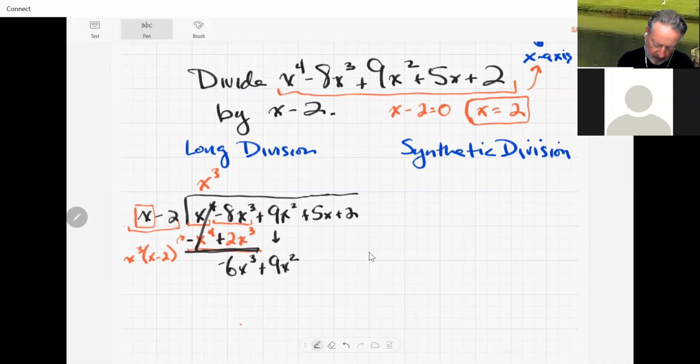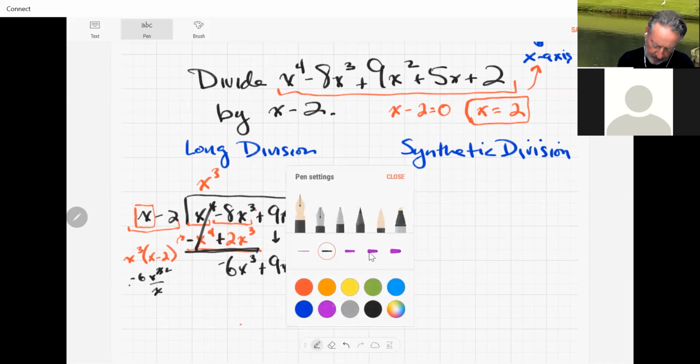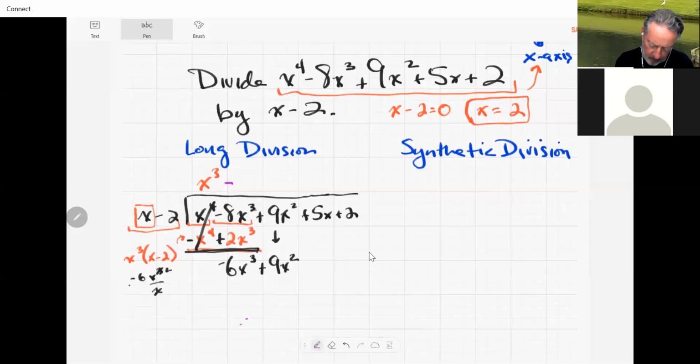How many times does x go into negative 6x to the third? Negative 6x to the third over x is negative 6x squared. So I'm going to put negative 6x squared up there, and now I'm going to multiply negative 6x squared times x minus 2.